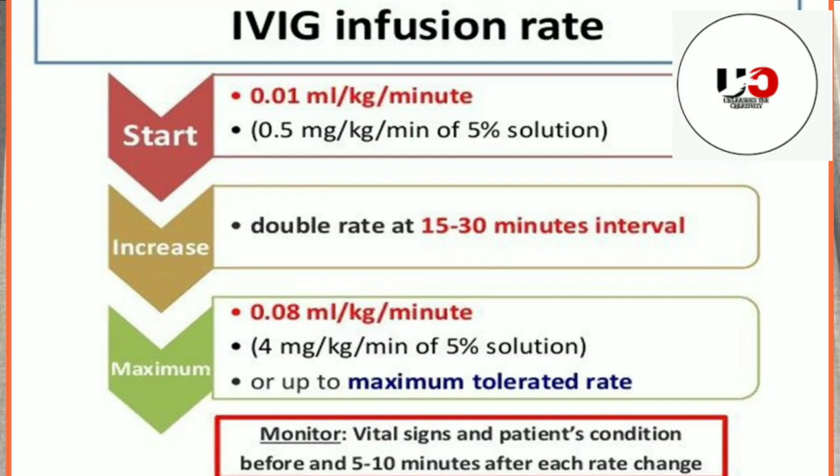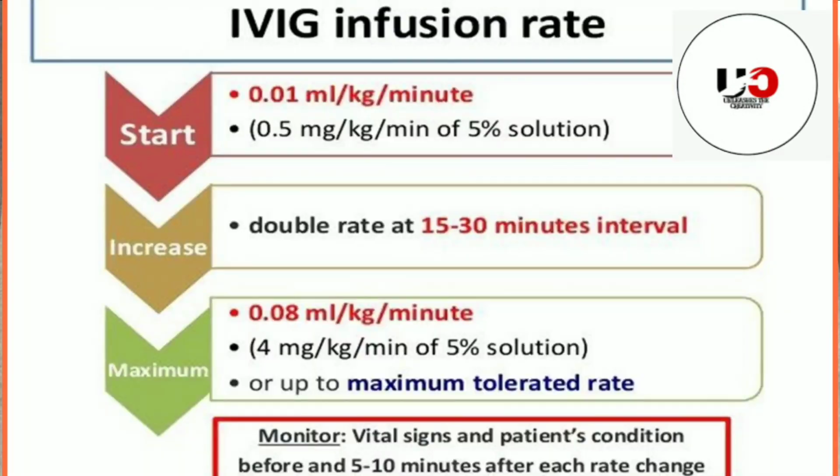Then we gradually progress to double the rate over the next 15 to 30 minutes, also based on the body weight. Then we reach up to a maximum of 4 mg per kg per minute of 5% solution. That will be the maximum tolerated rate, and it continues until the infusion finishes.